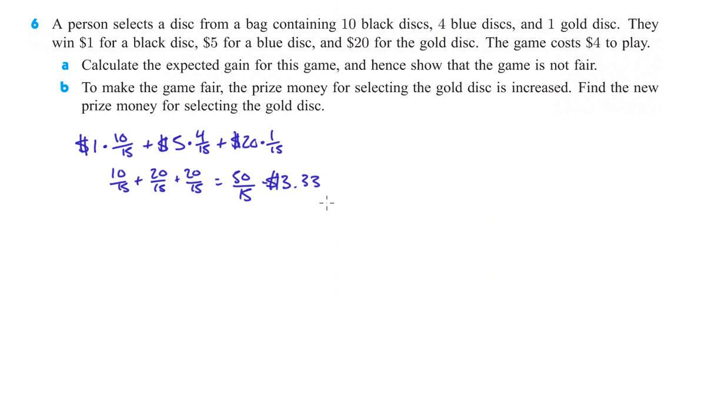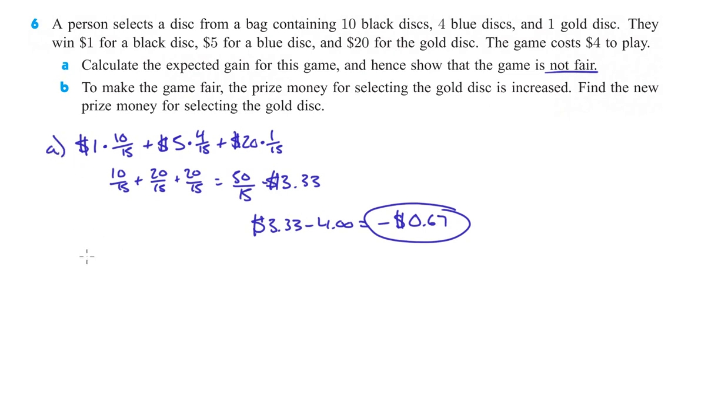That's our expected return, but again, it costs $4 to play, so $3.33 minus $4 gives an expected gain of negative 67 cents. Since a completely fair game would have to be 0, that shows that it is not fair.